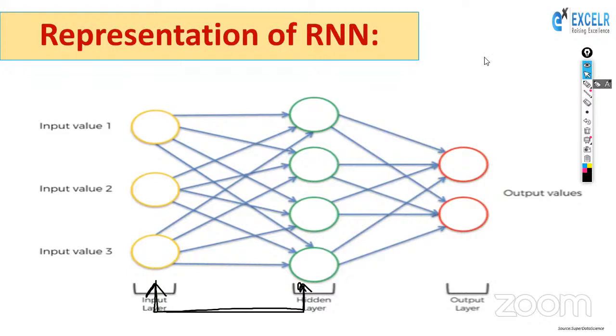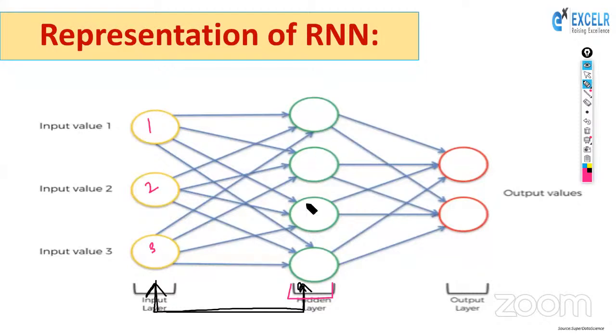Okay, let me show you the calculation again, although we discussed this part in the previous session. If you see, for the hidden layer we have 4 nodes, and each and every node is connected to all the nodes of the previous layer. In the previous layer we have 3 nodes: node 1, node 2, node 3.